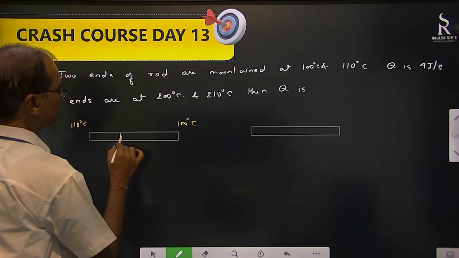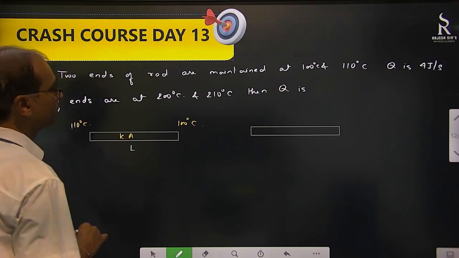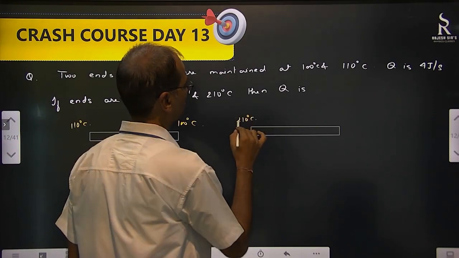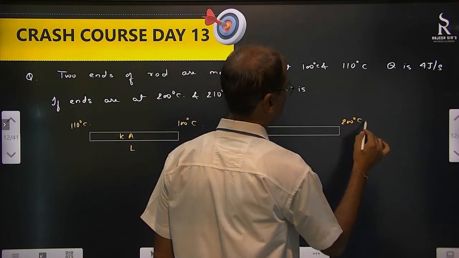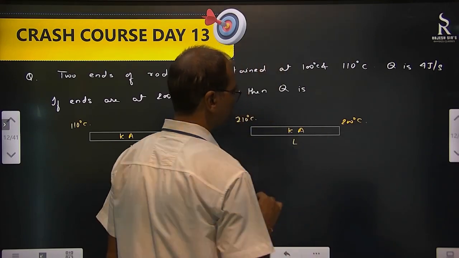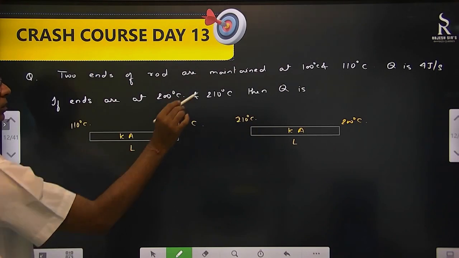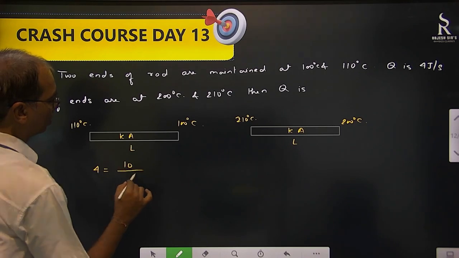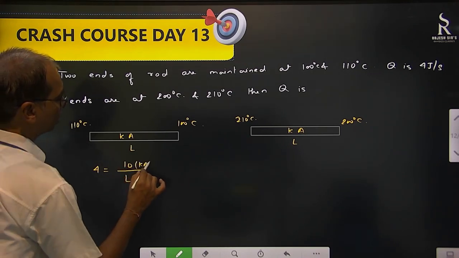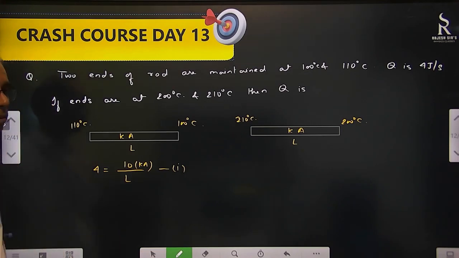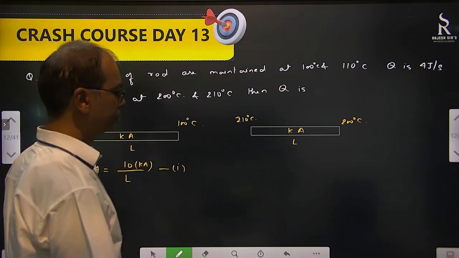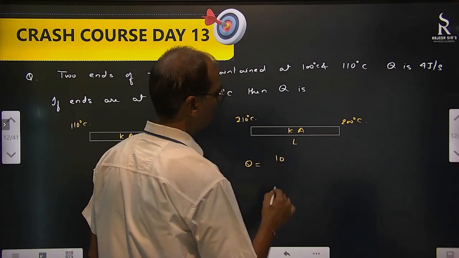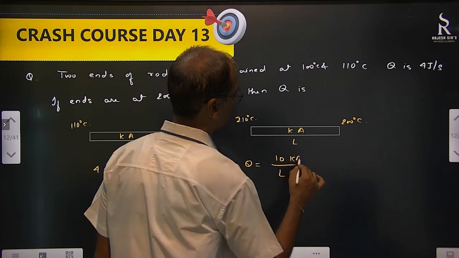Let's assume this is K, this is A, and this length is L. Same way here is 210 and this is 200. Same rod, so K, A and L. Here heat flow is 4 joule per second. So I am writing 4 equal to temperature difference 10 by L into KA. This is given. Here this is Q. Again temperature difference 10. This is L. This is KA.